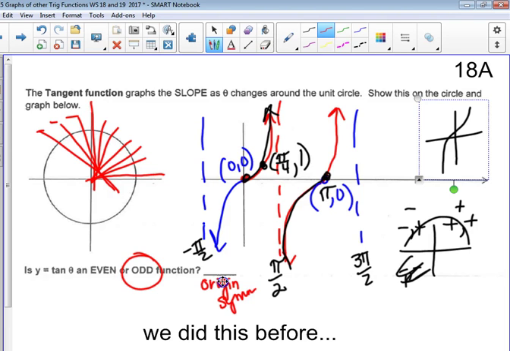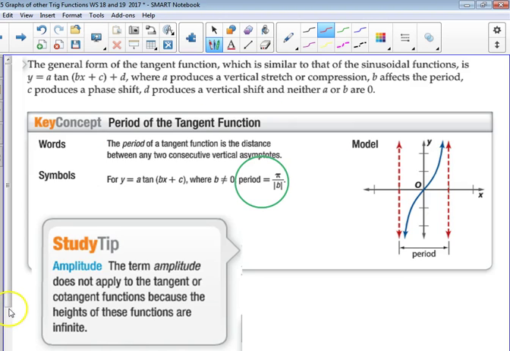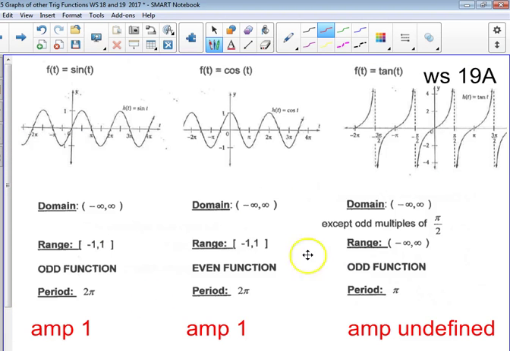If you look real quick at the top of 19A, I believe on the far right corner, it talks about some properties of tangent. First of all, guys, the asymptotes aren't actually part of the graph. They're boundaries. I would like you to draw them and label them, but the actual graph for tangent is just these pieces. The domain is all real numbers except the odd multiples of pi over 2.